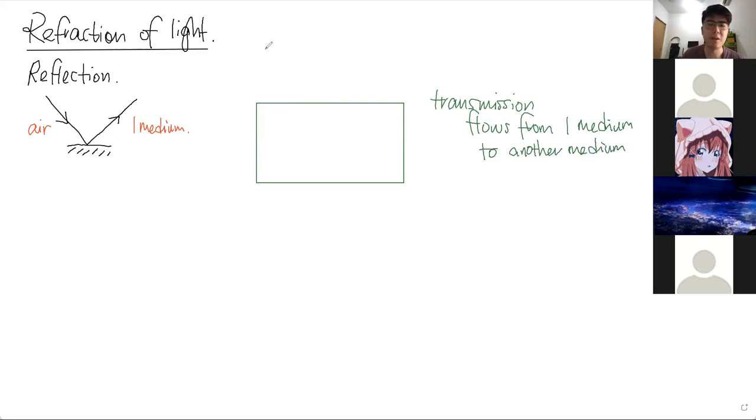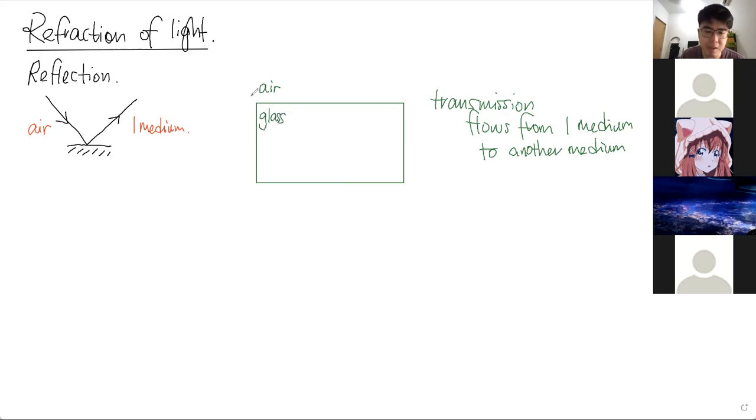Now here we have the boundary. Remember guys, a boundary is a line that separates the two mediums. In this case, it is the surface of the glass block. The outermost surface of the glass block separates air, which is above, and just below this surface or line is the glass.